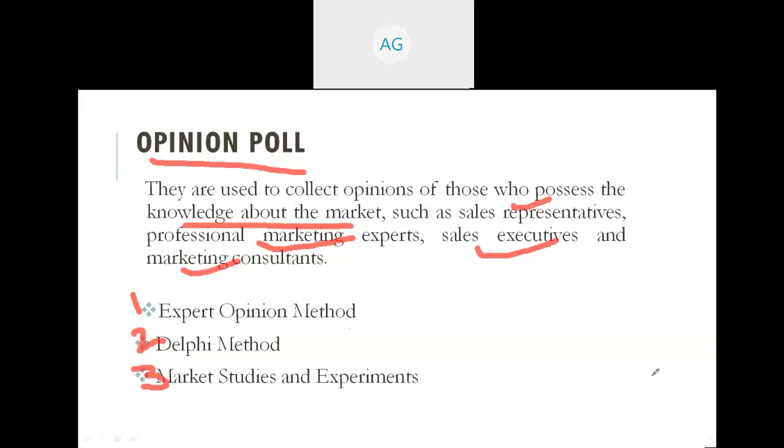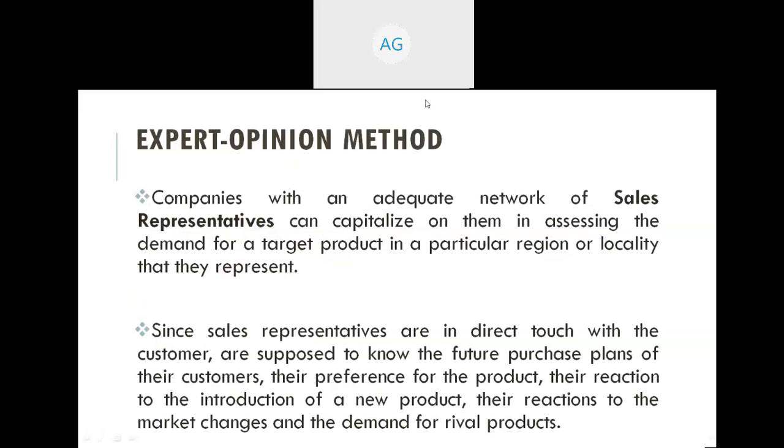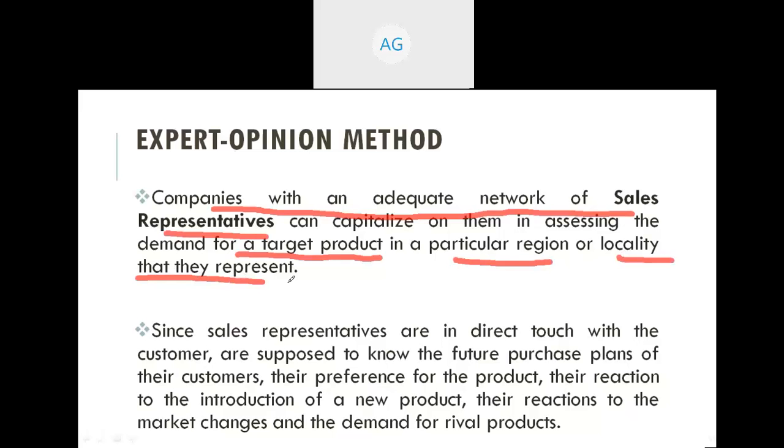So moving to the next slide. So first we consider the expert opinion method. Here the companies with an adequate network of sales representatives can capitalize on them in assessing the demand for a target product in a particular region or locality that they represent.